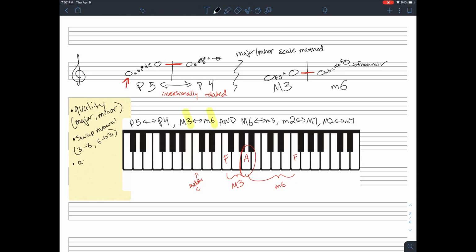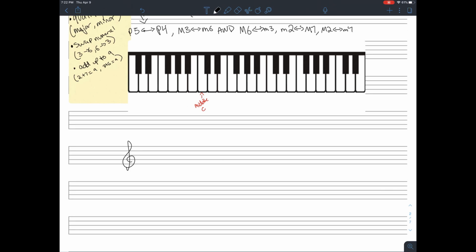And get this, those numerals should add up to 9. So 4 and 5, 2 and 7, 3 and 6, they all add up to 9. And you can do that math. Perfect is going to stay perfect unless it's augmented or diminished.